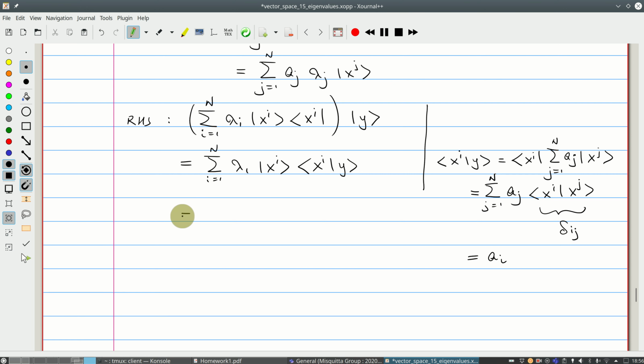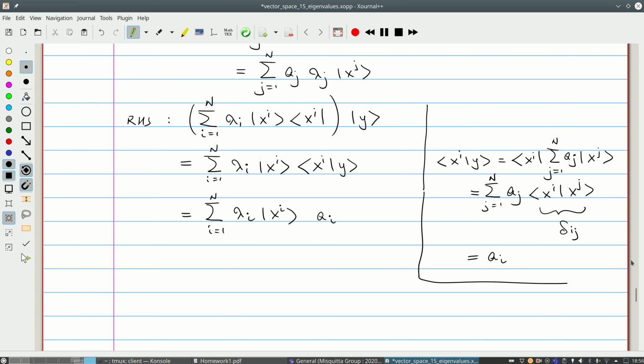Okay, so that's an aside. This will give us the sum i goes from 1 to n, this is an i here, of lambda i xi, and this gives us ai.